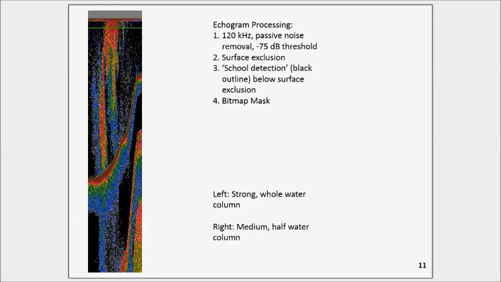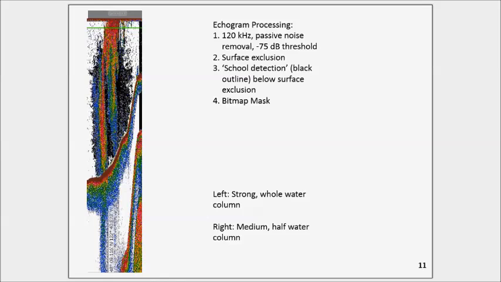So that may or may not help you if you've got near surface or near boundary objects or beasts of interest. After running the parameters, then we can apply those school detections as a bitmap mask back onto the original data to exclude the turbulence.